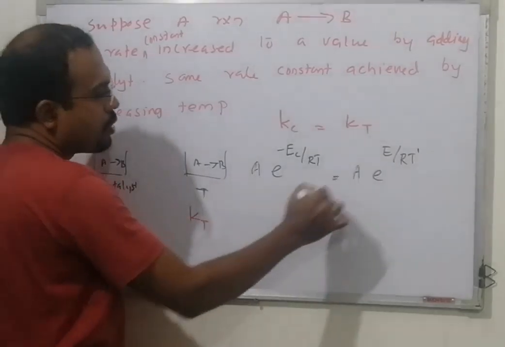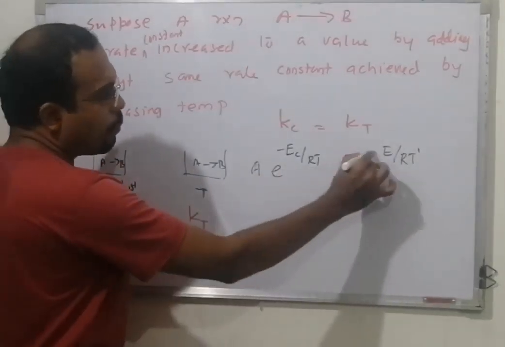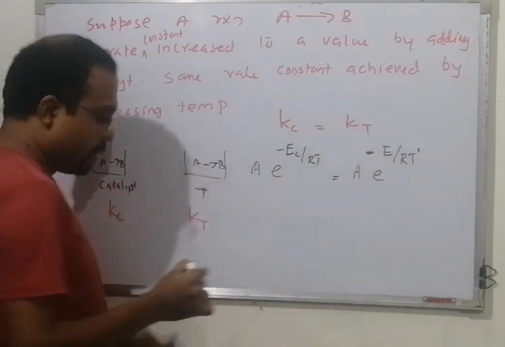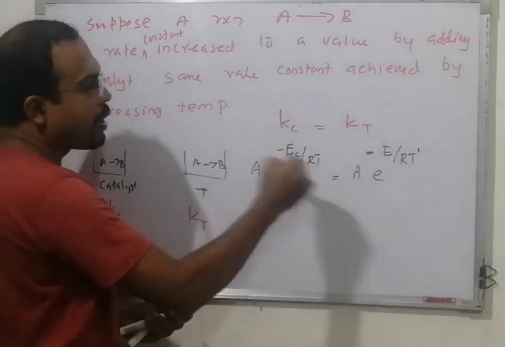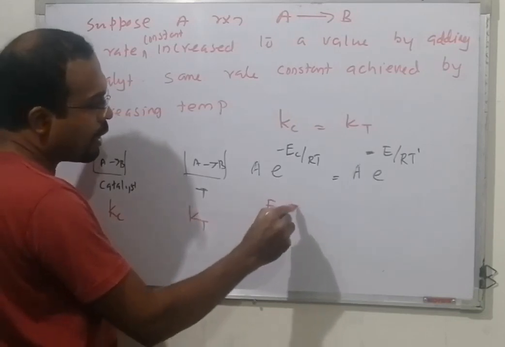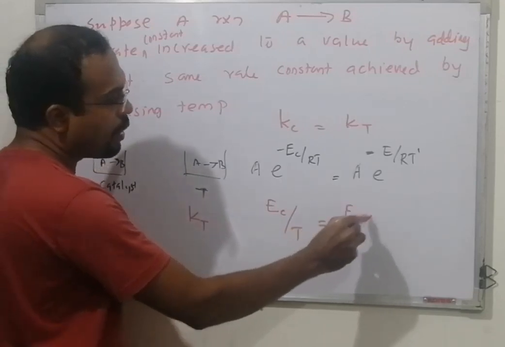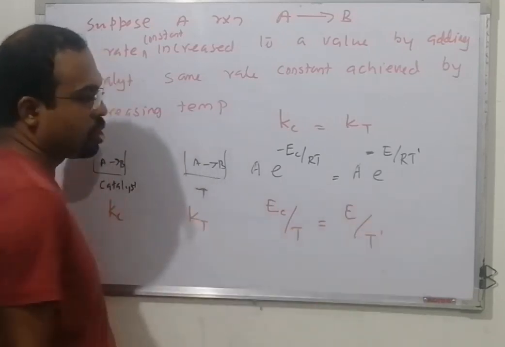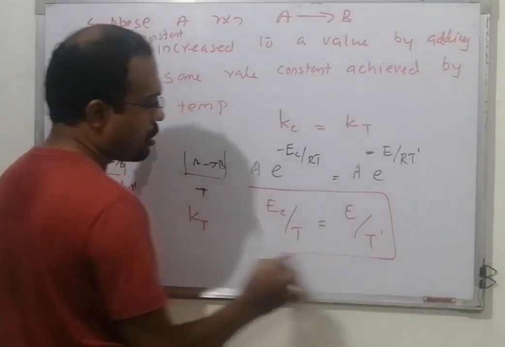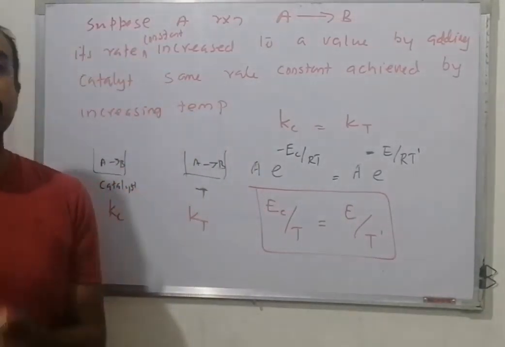And A cancels. It's very, very important. These terms are equal. Therefore, you can have a very beautiful relation: Ec by T is equal to E by that particular temperature T dash. Very important concept for solving the numericals.